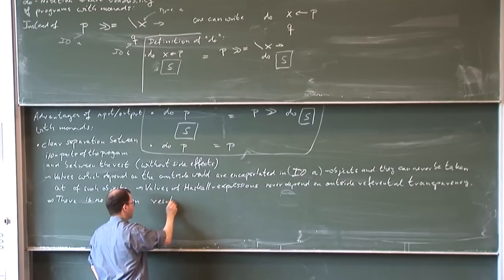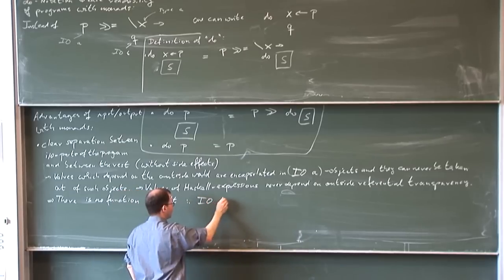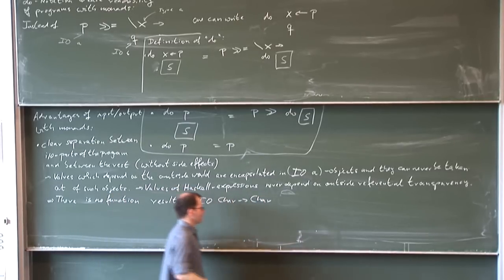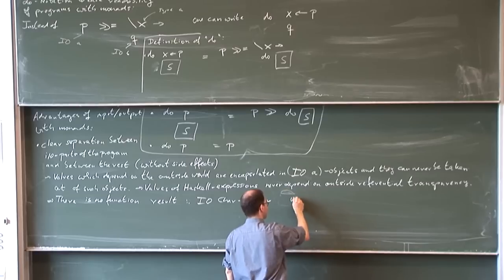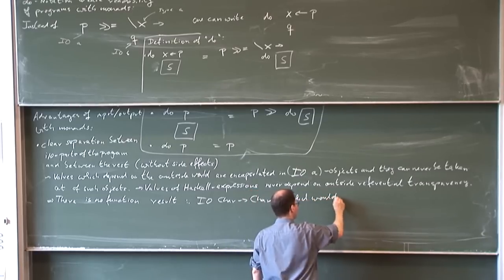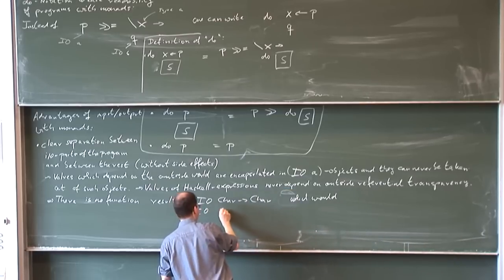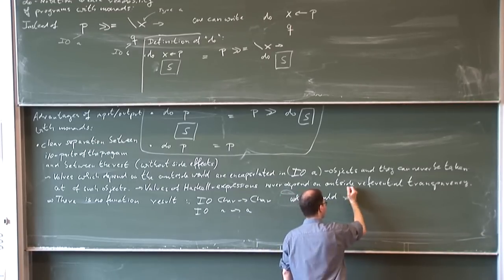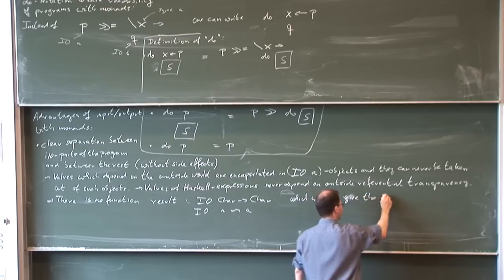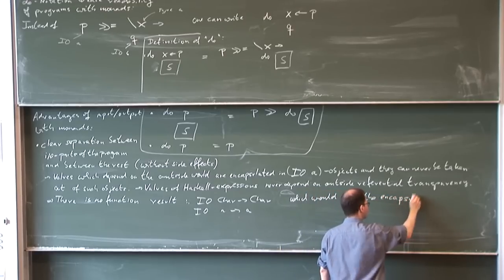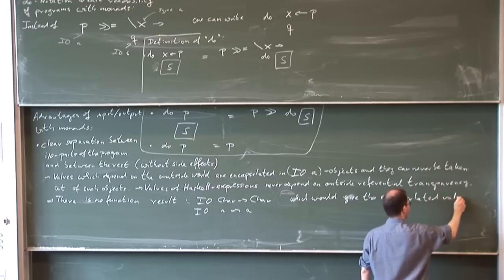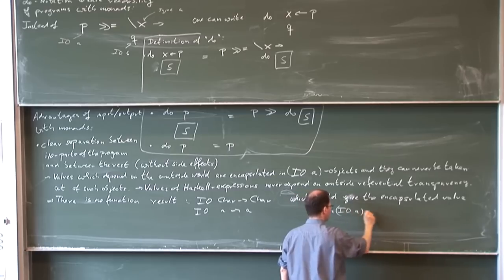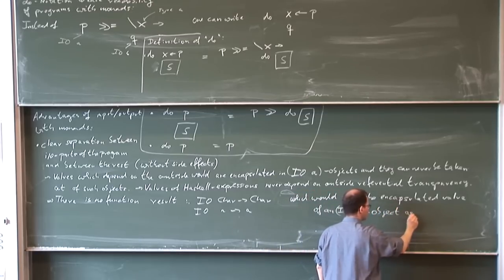So there's no function of the form IO A goes to A, which would give the encapsulated value of an IO A object as its result.